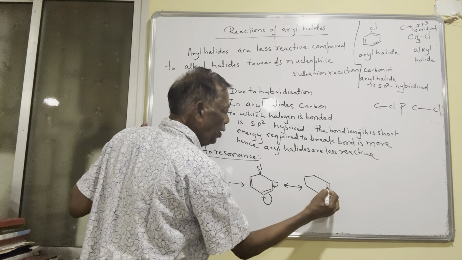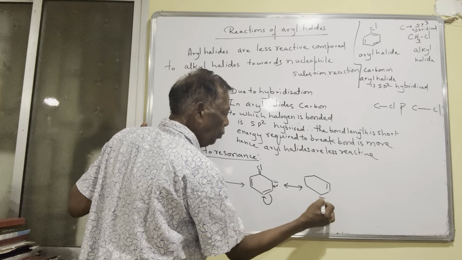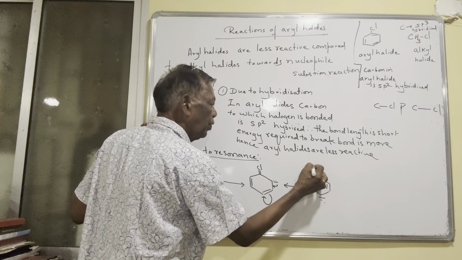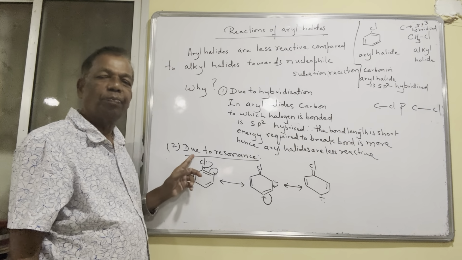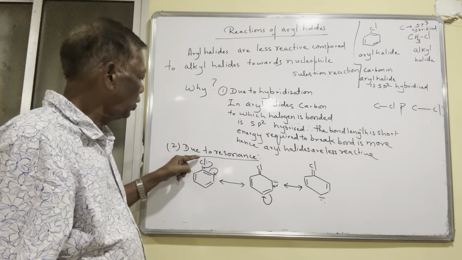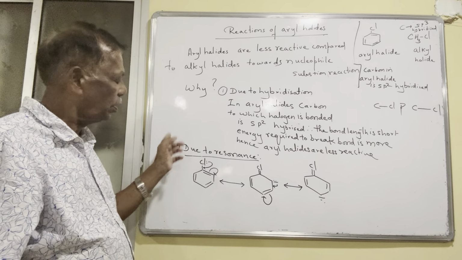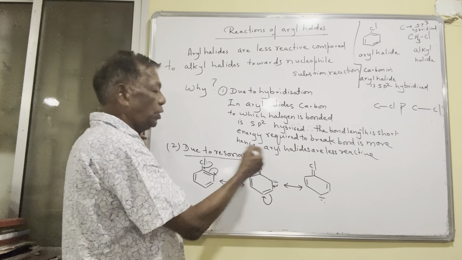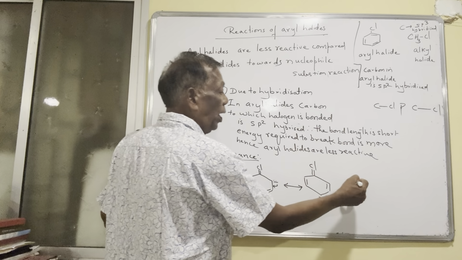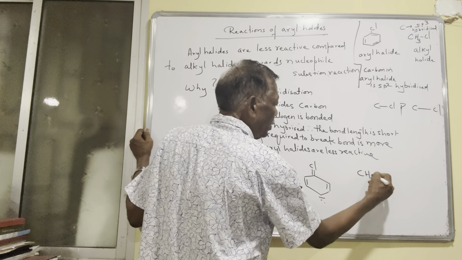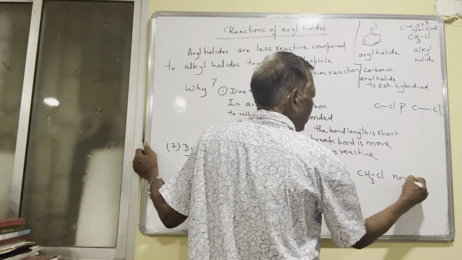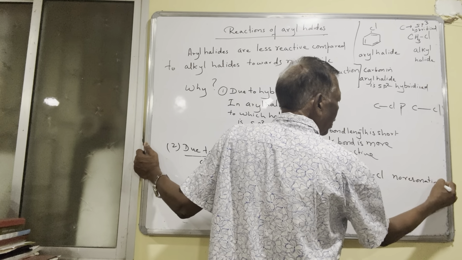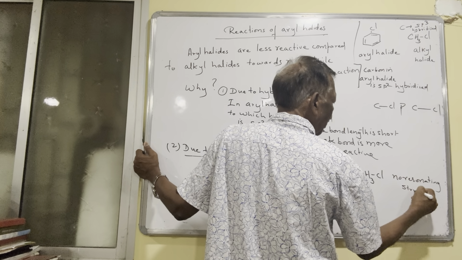This will carry a positive charge because two electrons are shifting. So you can see these resonating structures, but in the case of an alkyl halide like CH3Cl, no resonating structures are possible.